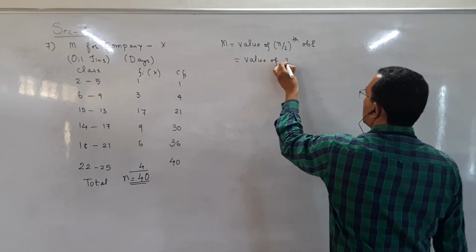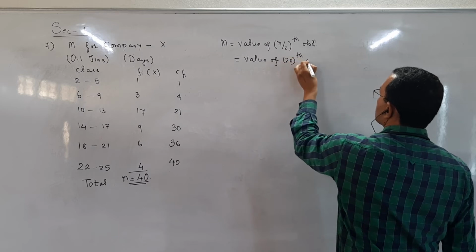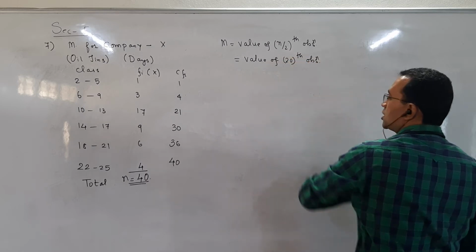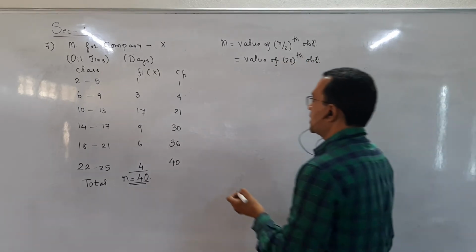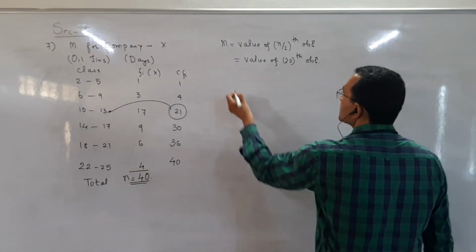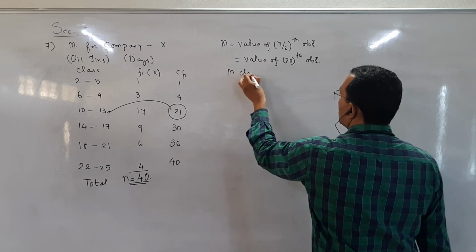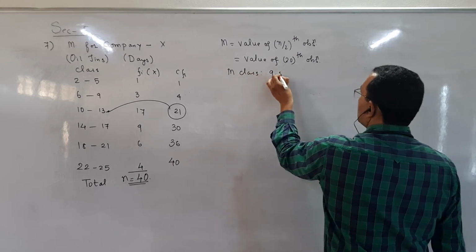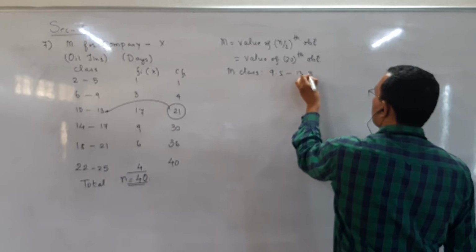So this is the value of the 20th observation. The 20th observation lies in 21. The corresponding class is 9.5 to 13.5.